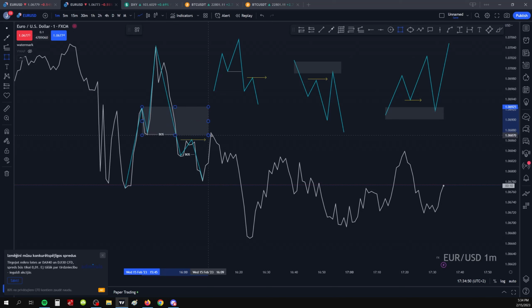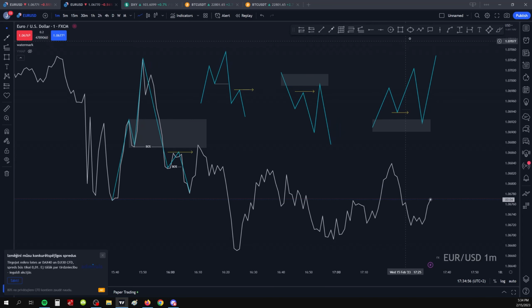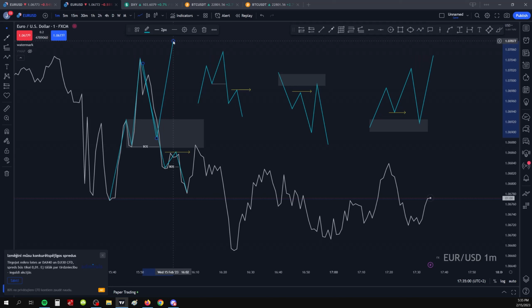We have this breaker, because market wanted to go up, it should have come down and went up, but that didn't happen. It went down, created an inducement, went down, so people want to short from this. We take them out and we mitigate the breaker.